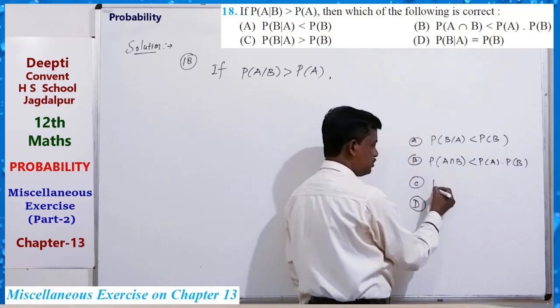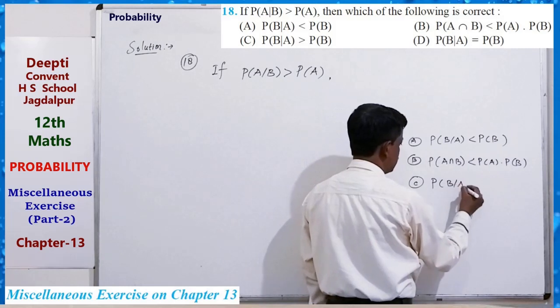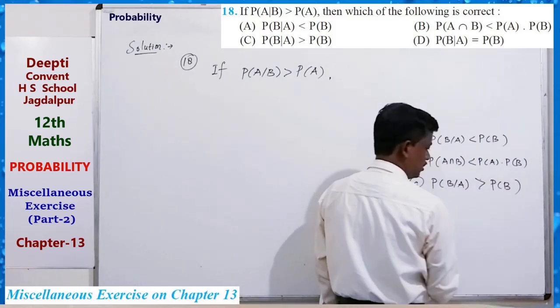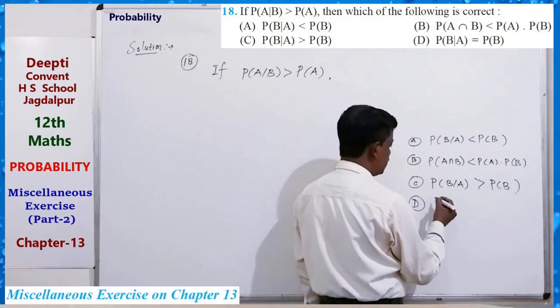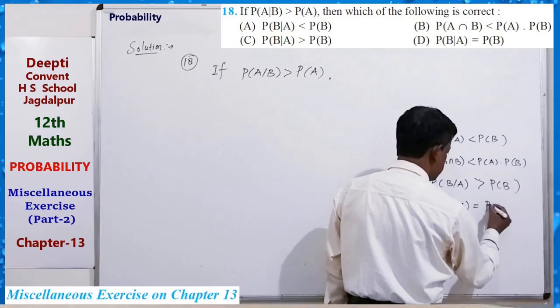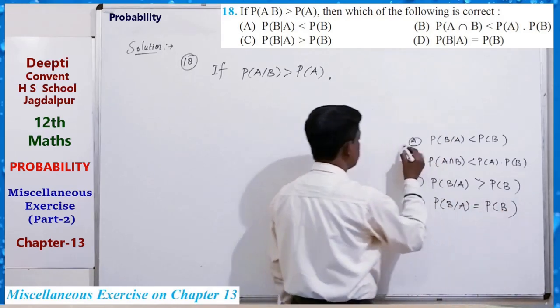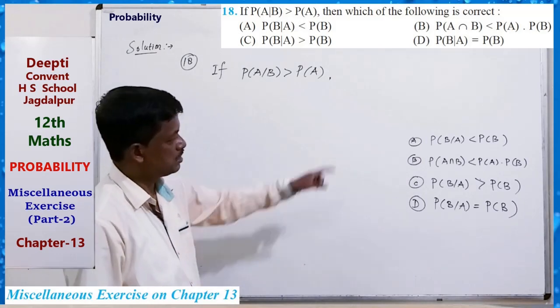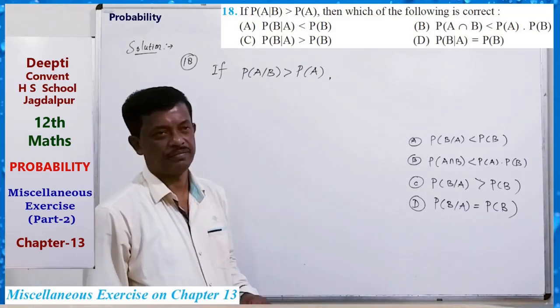The third option is P(B|A) is greater than P(B). And the fourth is P(B|A) equals P(B). These are the four options given. We have to decide which of these is correct.